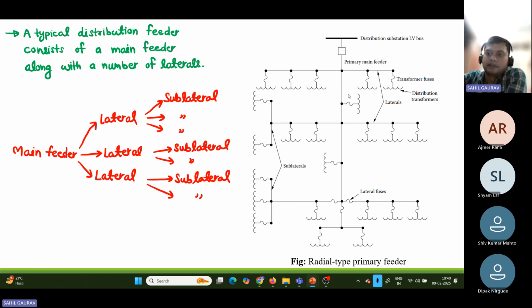So the first one is the single bus bar arrangement with one main power transformer.